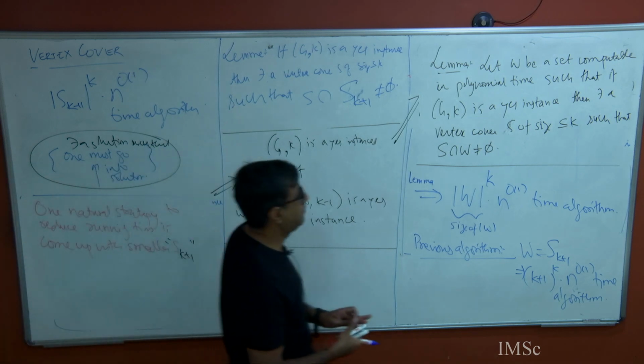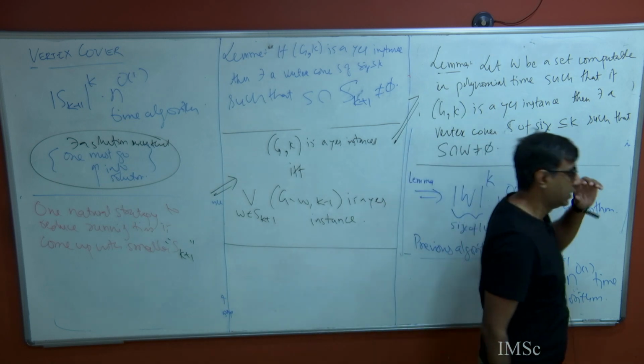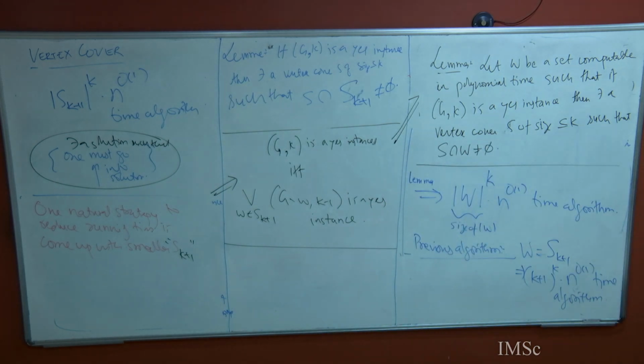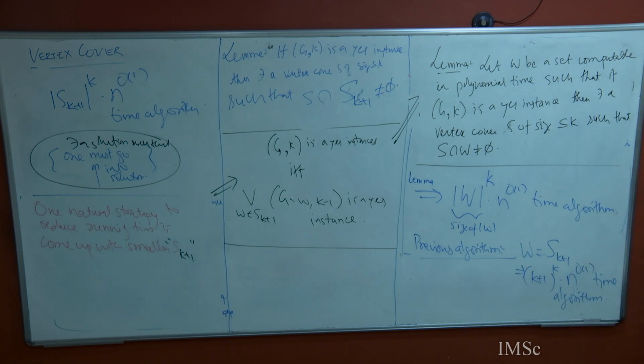All we are saying is that if we can find some set W in polynomial time with the property that there exists an optimum solution that intersects with my given set, then I have a recursive algorithm that will find me a solution, if one exists, in time |W| to the power k. In the previous case, we took W equal to Sk plus 1 and designed such an algorithm. So, if my W was of constant size, what algorithm will we get?